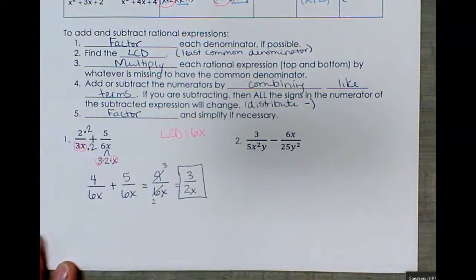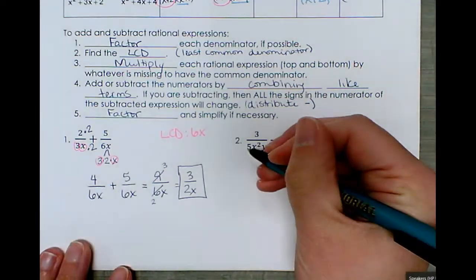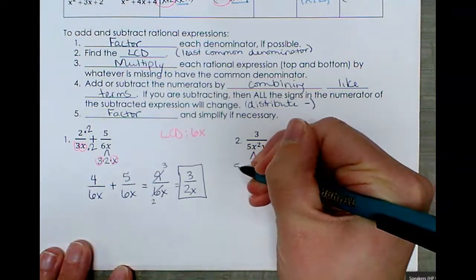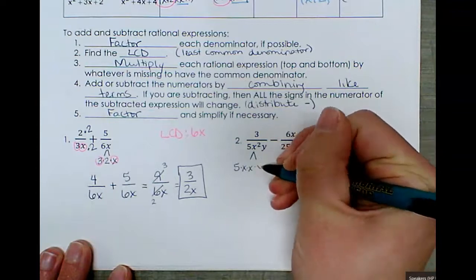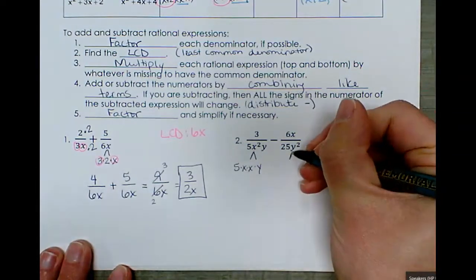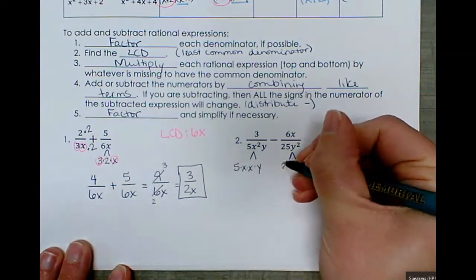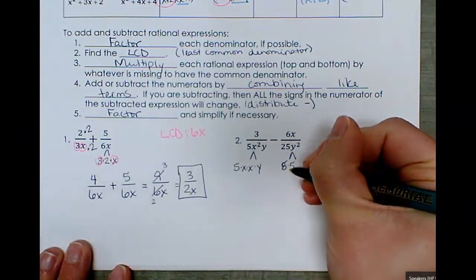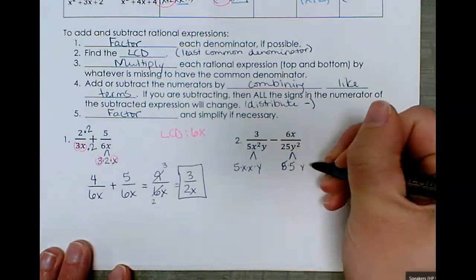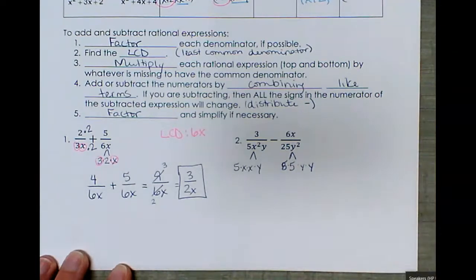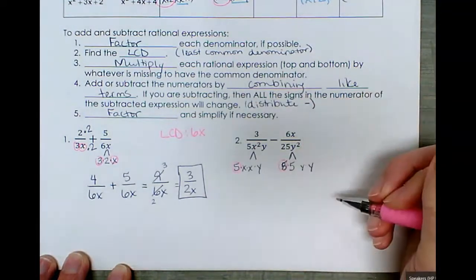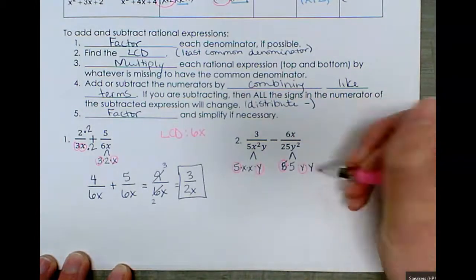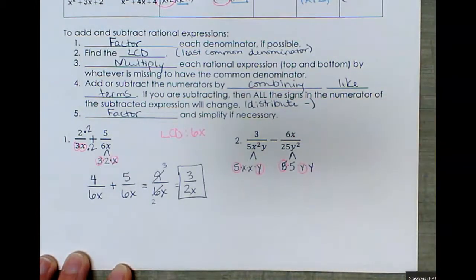So let's look at number 2. My pieces that are all the same: 5, y, and no other pieces are the same.